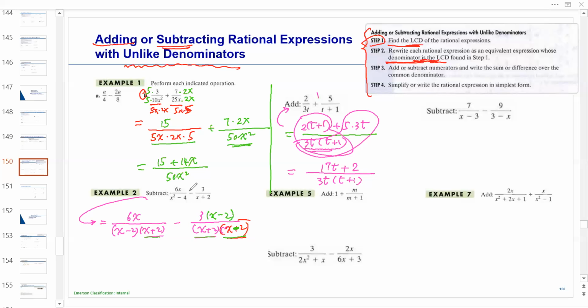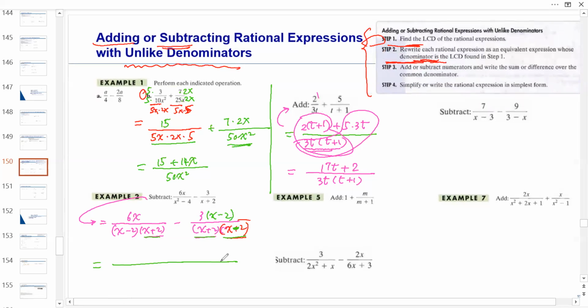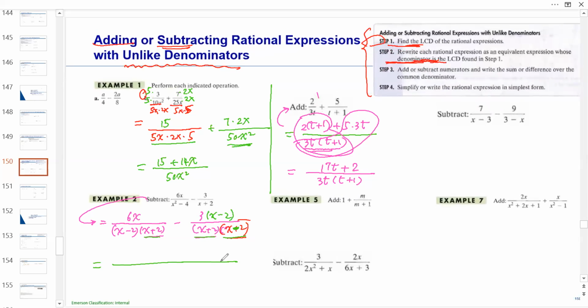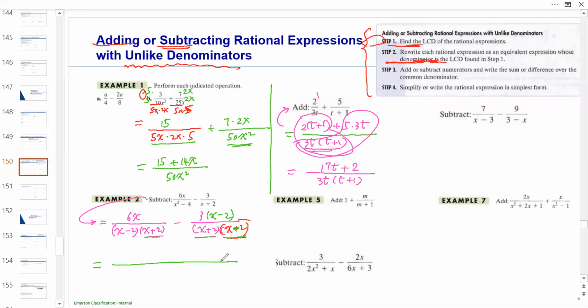Now you can see the denominator is the same, so we just copy down the denominator first.